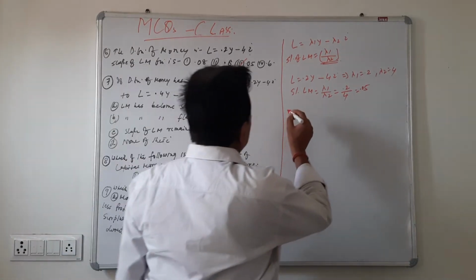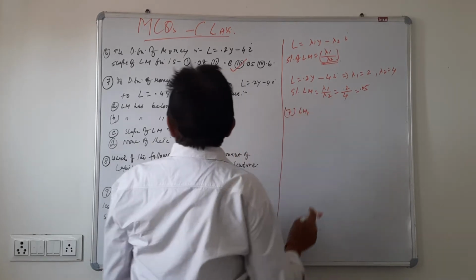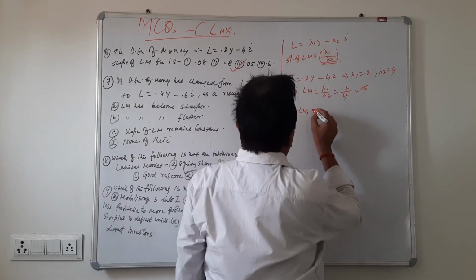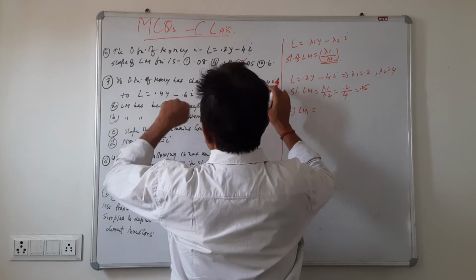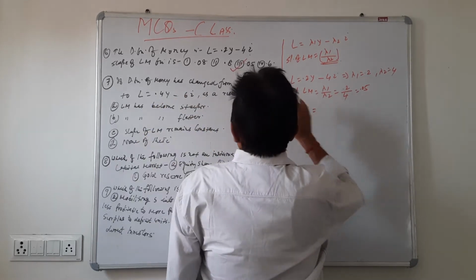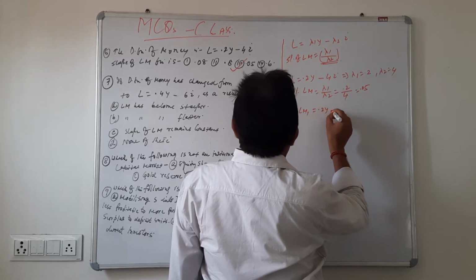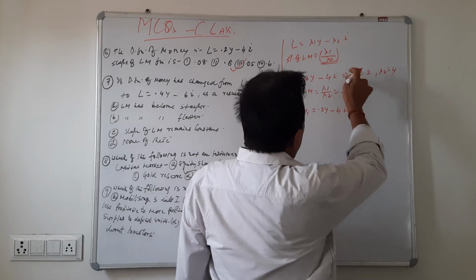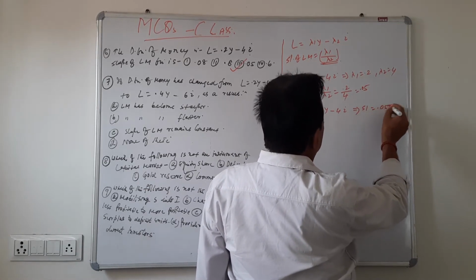Seventh question. The LM1 curve, 0.4y minus 6i, not point 6i. The initial LM curve was 0.2y minus 4i. In the previous question, we have seen its slope as 0.05.